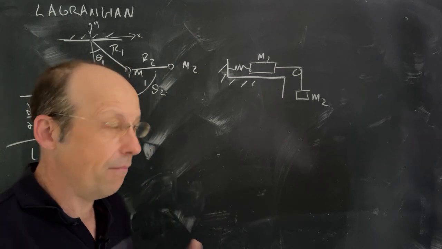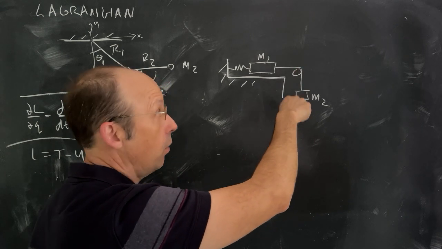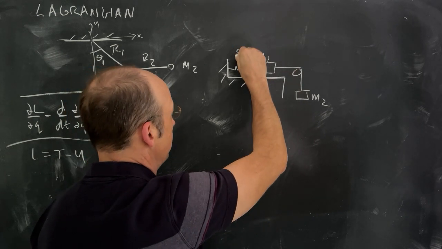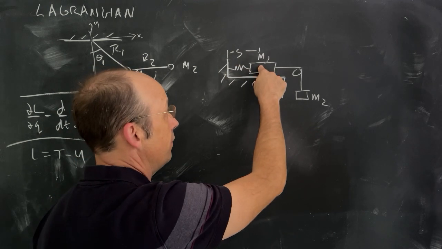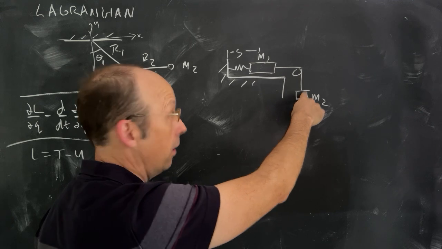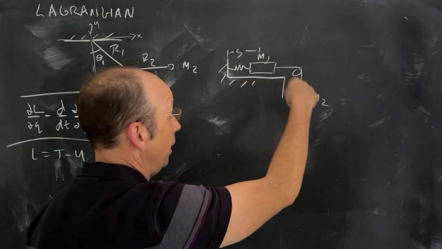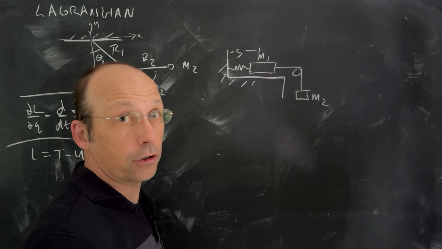I only need one variable, right? Because if this moves that way, that's going to move down that way. So I could call this S. And then I could get the kinetic energy of this plus the kinetic energy of that. They both have the same S dot in there. I could find the potential energy of that spring, the potential energy of this mass, and I could write the Lagrangian and then write down the Euler-Lagrange equation.